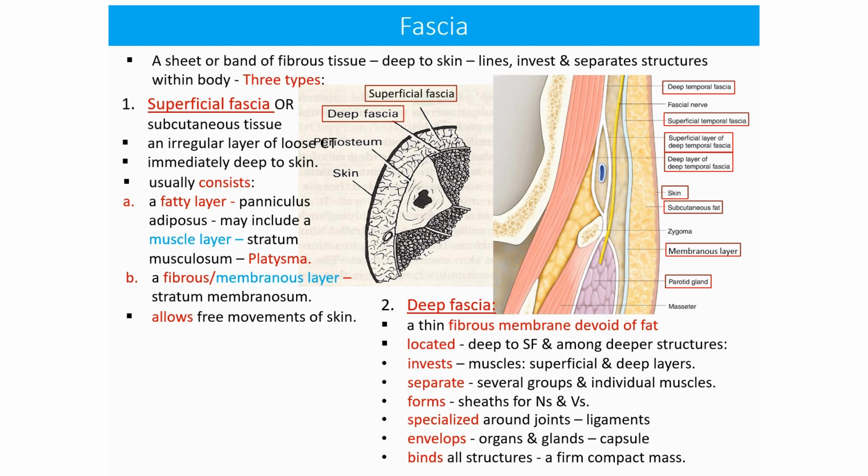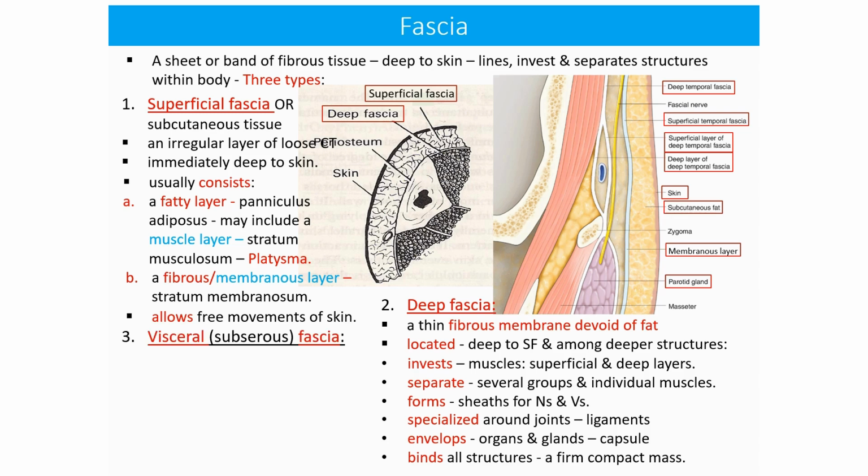It is specialized around the joints in the shape of ligaments. It also envelops organs and glands, where it is named as capsules. The deep fascia binds all structures of the body as a firm, compact mass.